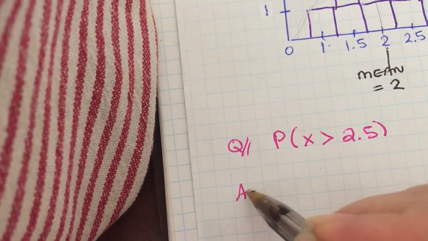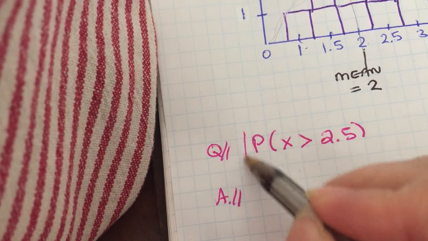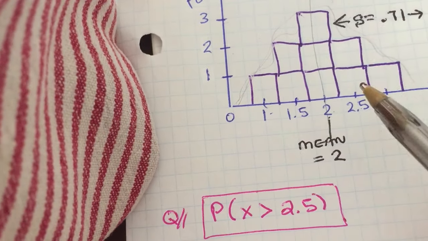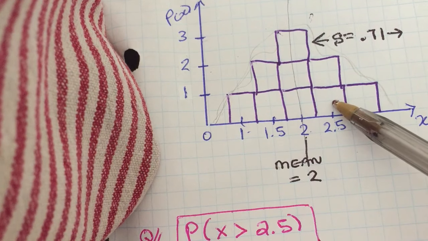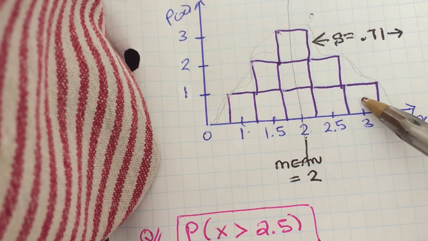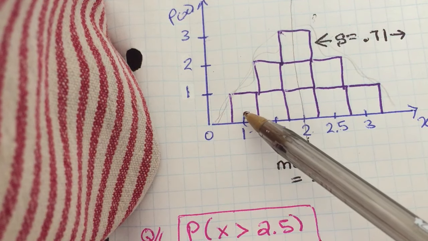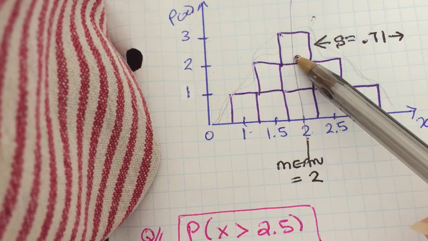Well, my answer is going to be the following process. The probability that x is greater than 2.5 is going to be this plus this, right? But what are our odds here? We have to count everything up: 1, 2, 3, 4, 5, 6, 7, 8, 9.